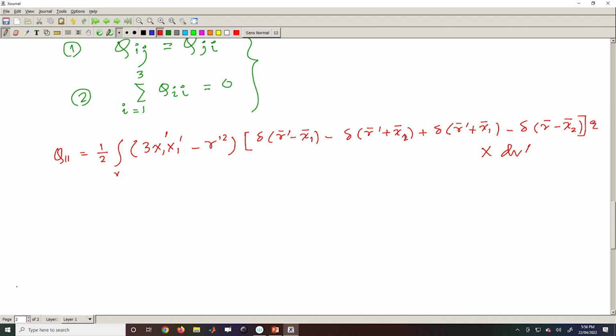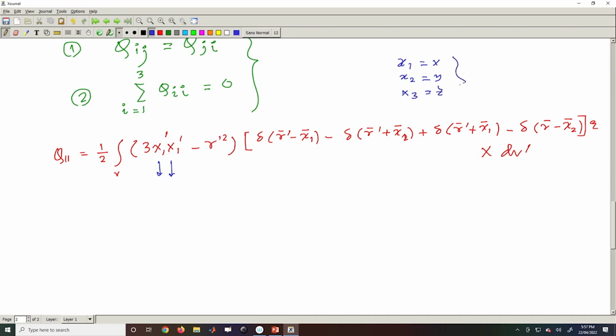Okay. So now we have only the delta function, and here we have the function, but in this function I am having only the x component, because according to our notation x 1 is x, x 2 is y and x 3 is z.